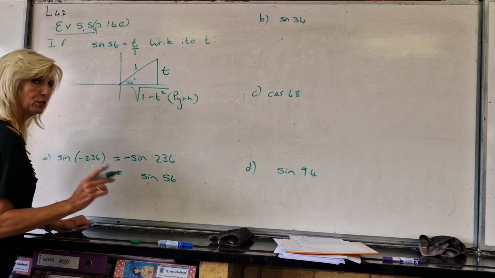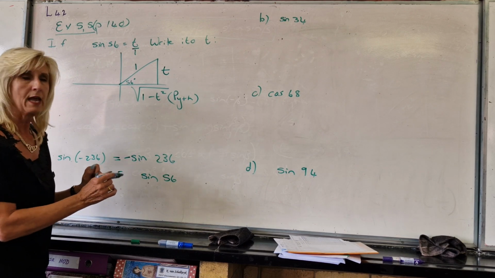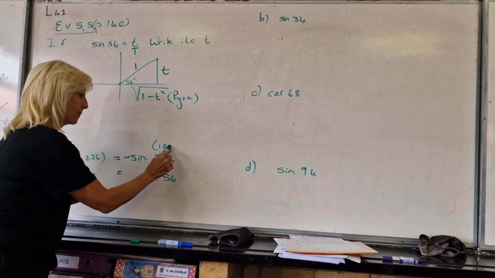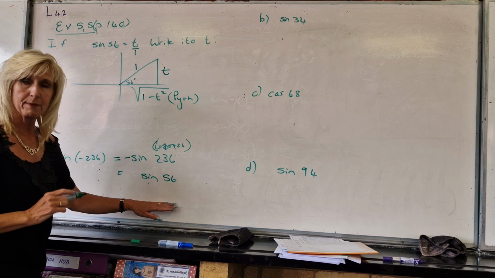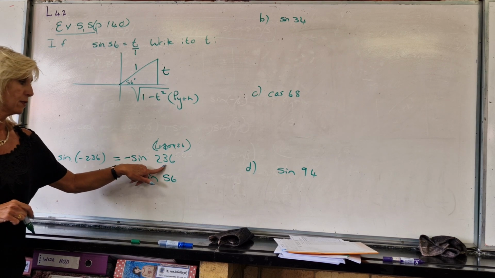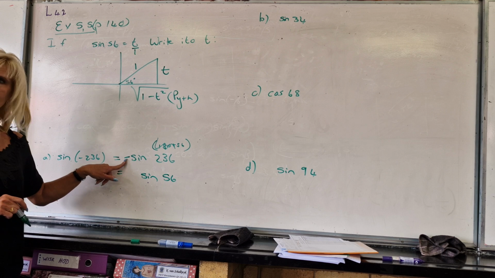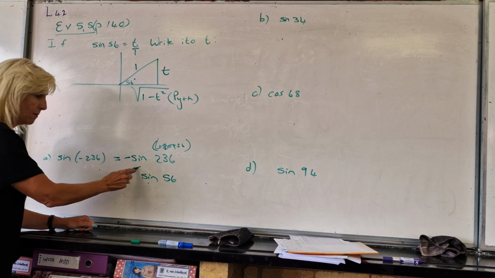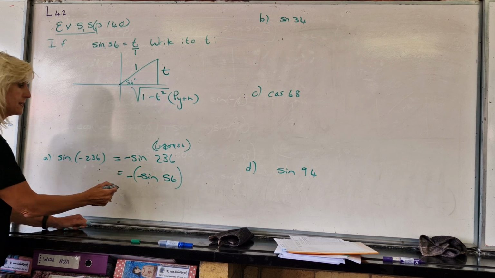Now remember, we taught you, you can always write 180 plus 56 still there, and it goes poof. That's gone, but you have to remember to check your quadrant. Then it's going to be third quadrant where sin is negative. What about that negative? It stays there, but the reduction is still a negative, meaning that this is going to become a positive.